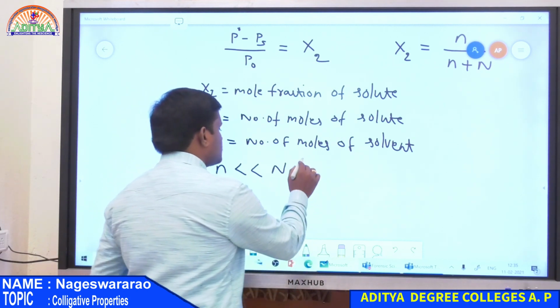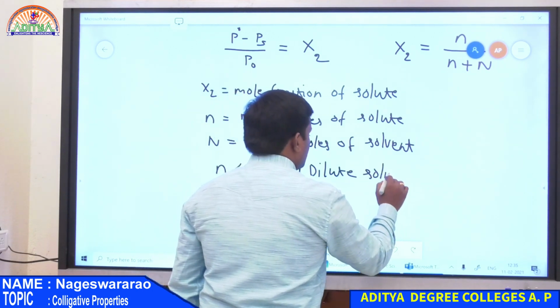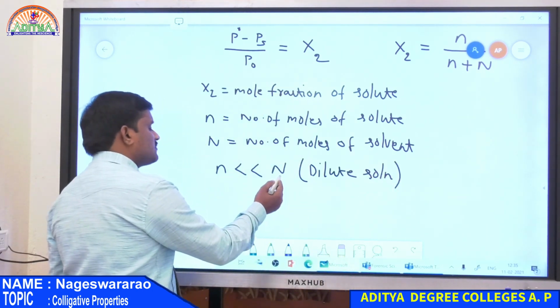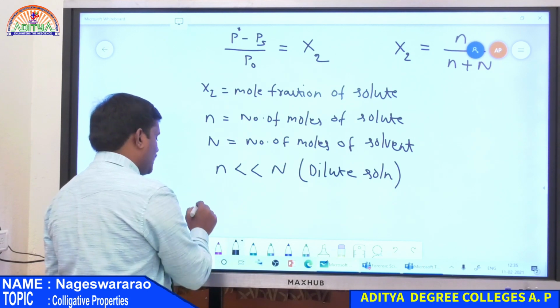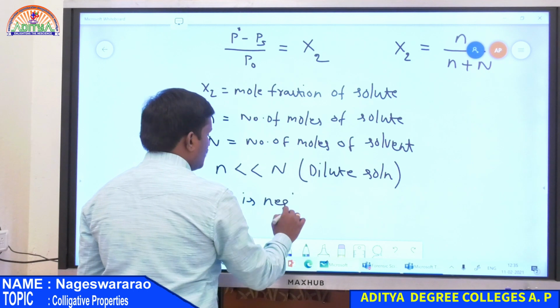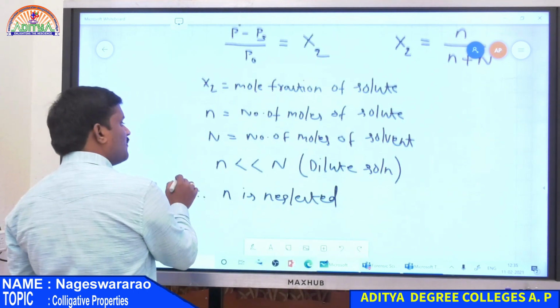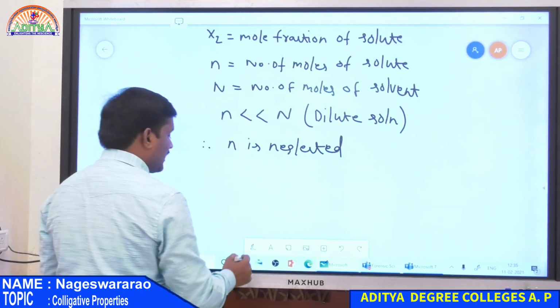That is why it is a dilute solution. In the case of a dilute solution, the capital N value is very high compared to small n, and hence small n, the number of moles of solute, is neglected because it is a very small value.